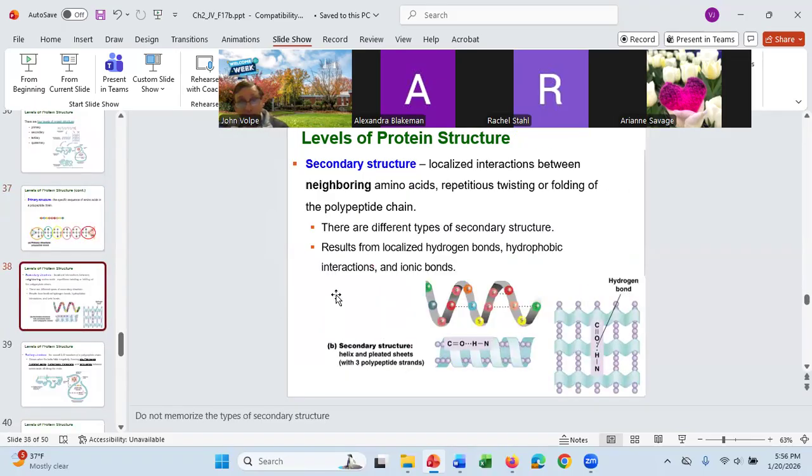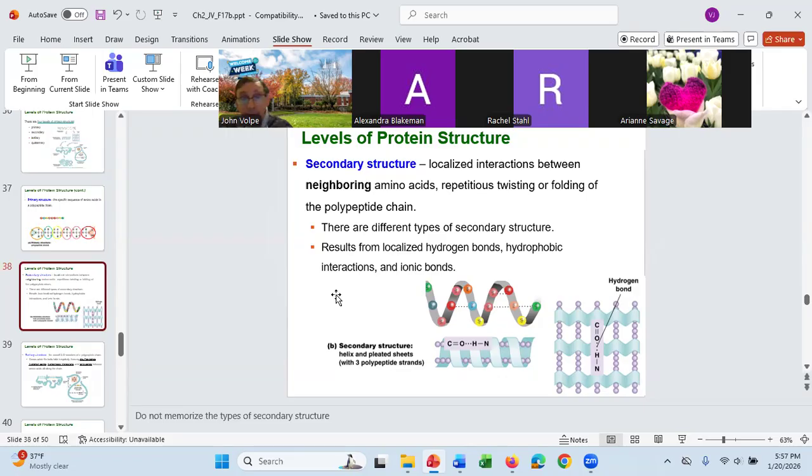The secondary structure is always localized interactions between neighboring amino acids, meaning you do not have amino acids far away from each other interacting with each other. You only have neighboring amino acids interacting with a neighbor amino acid.